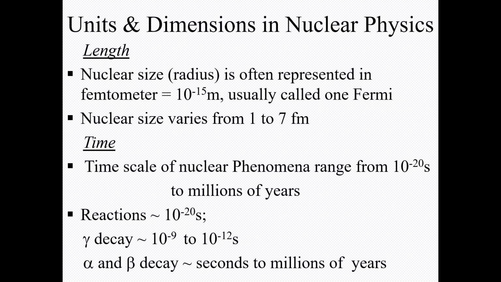Similarly, we have alpha and beta decay that last for a time period ranging from seconds to millions of years. The time required for alpha and beta decay ranges from seconds to millions of years.